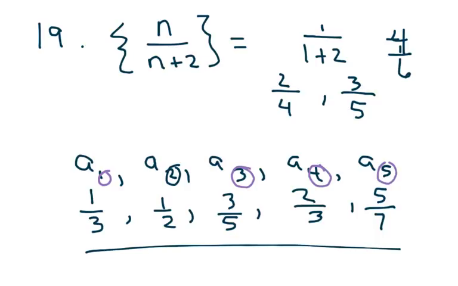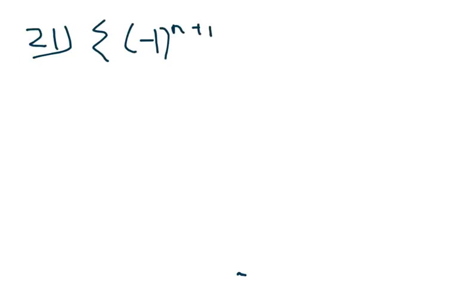Okay, now let's do one that's got the -1 in it. So I'm going to do 21. It looks scary, but it's not really that bad because you're just plugging in numbers. We have 21, and that is -1 to the n plus 1, times n squared. And we still have to write out the first 5 terms.